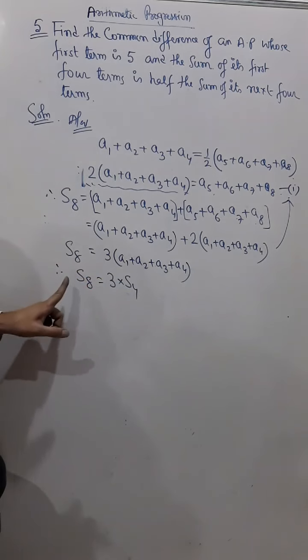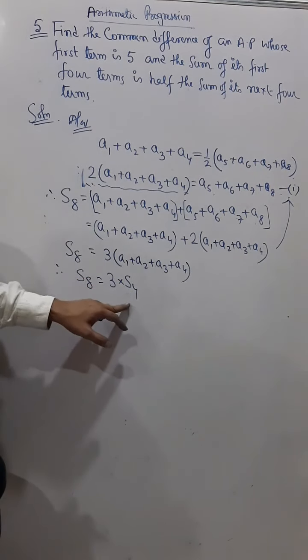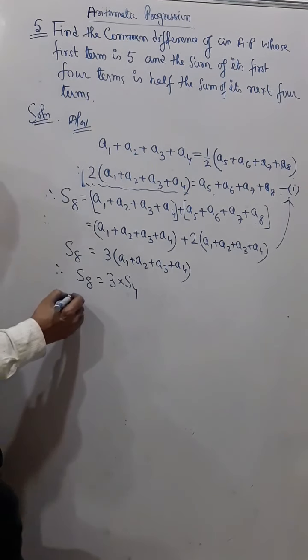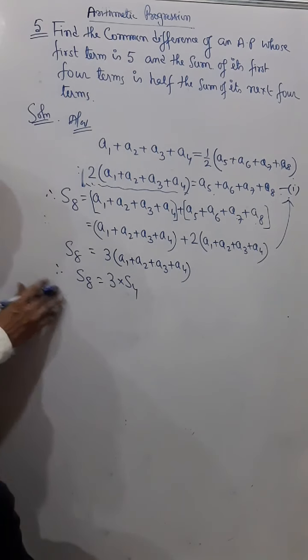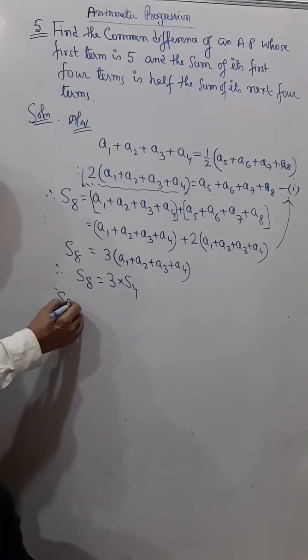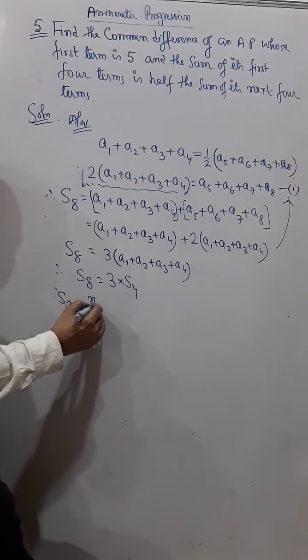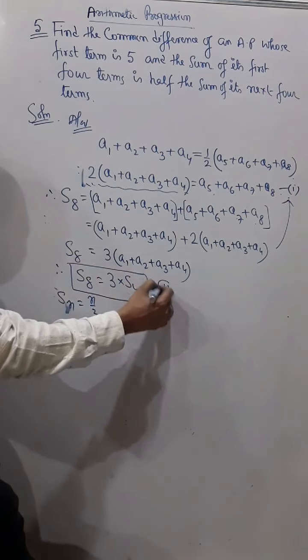And now if I put the formula here, by using the Sn formula, I will get the value of D. Now S8 means n by 2, let it be number 2.